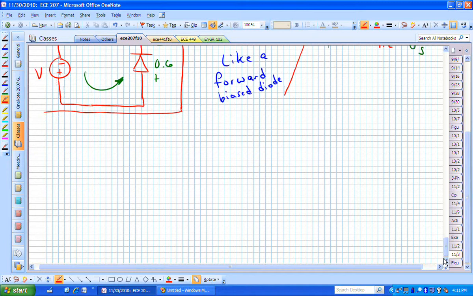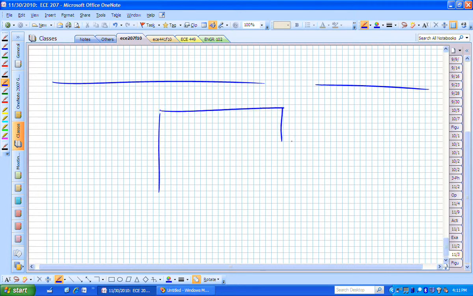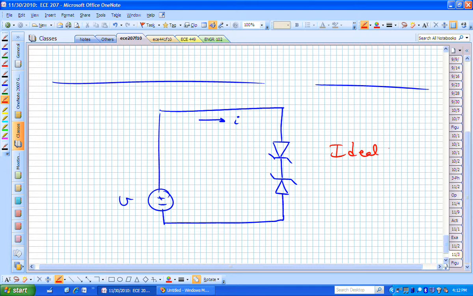This next circuit that I am going to sketch, suppose that I put something like the following. Suppose I now put a couple of Zener diodes on top of each other, and suppose that these are ideal Zener diodes.